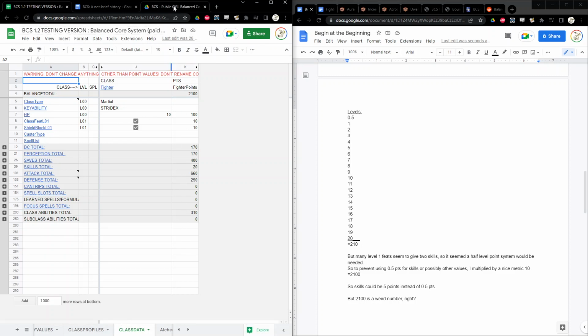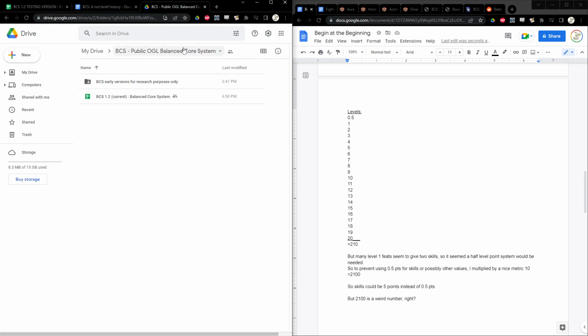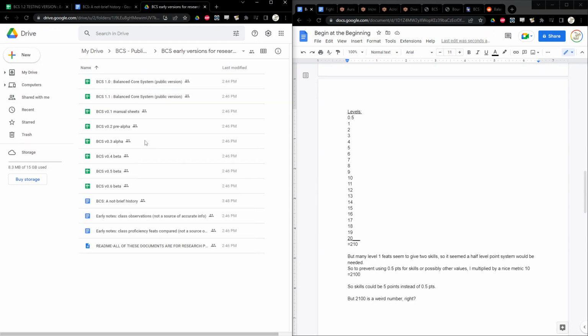But I just want to take a quick peek back. This folder is where the BCS is. It's publicly accessible. Within it is this folder, which is prior versions, where the archive versions are, including the earliest versions. So you can actually go back and see a little bit of the history of how I came about it.